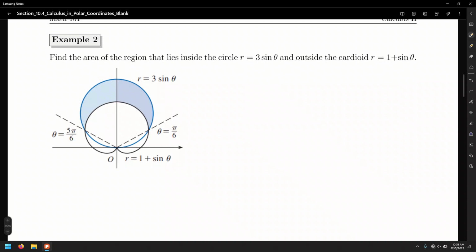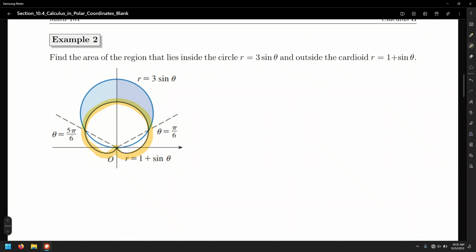All right. Find the area of the region that lies inside the circle r equals 3 sine theta, and outside the cardioid r equals 1 plus sine theta. So that cardioid is this one right here that I will highlight with yellow so you can see it better.